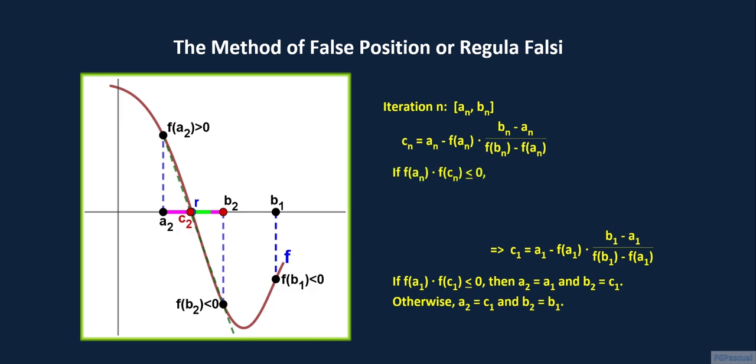If the product of f of a sub n and f of c sub n is less than or equal to 0, then the new left endpoint a sub n plus 1 is a sub n, and the new right endpoint b sub n plus 1 is c sub n. Otherwise, the new left endpoint is c sub n, and the new right endpoint is b sub n.